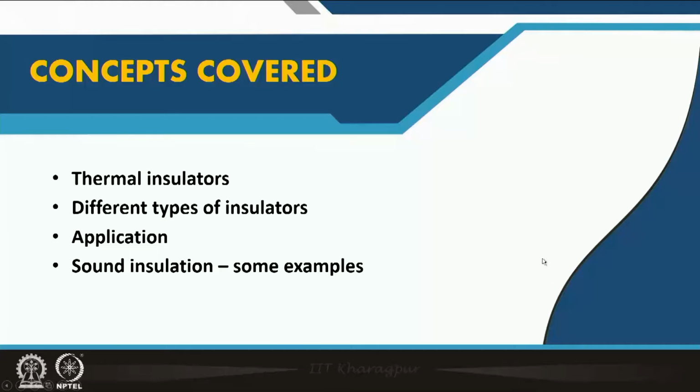First, we will take up thermal insulation. We will try to cover thermal insulators and the different types of thermal insulators along with the applications, and sound insulation, and also cover some examples. All thermal insulators are more or less sound insulators.